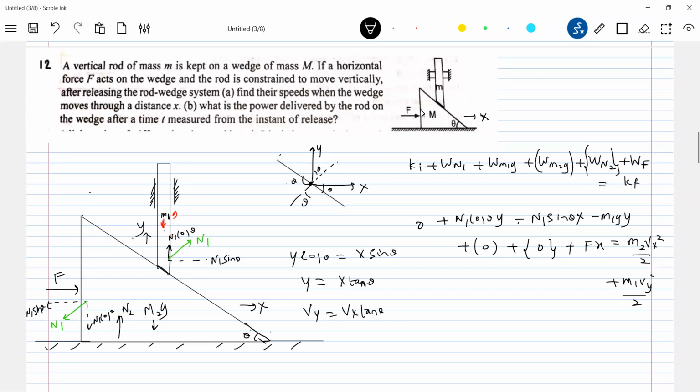Now look at the normal contact. We don't know N1. Can you say this quantity is equal to 0? N1 cos theta Y minus N1 sine theta X must be equal to 0, the bracket term. The square bracket term will be 0.